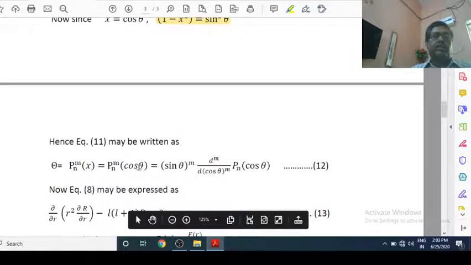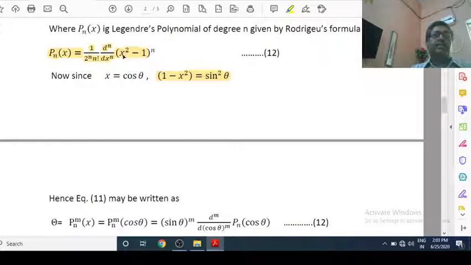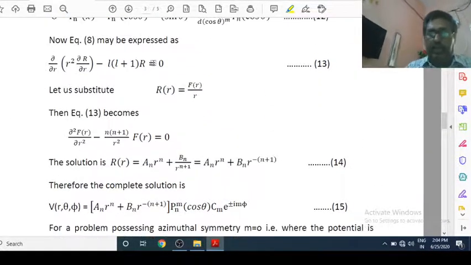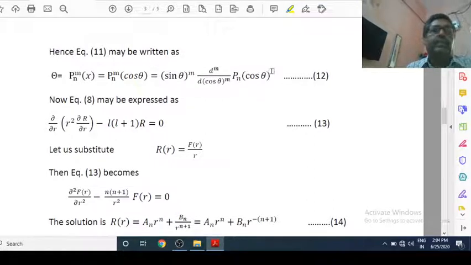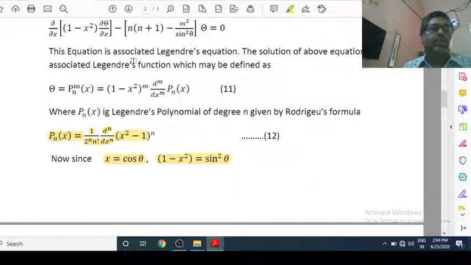So see here cos theta, it is replaced here by x, again 1 minus x square is sine square theta, x is equal to cos theta. So we put the values accordingly. So this is the solution. Actually you may remember this term, the solution of theta, the second solution you may say.